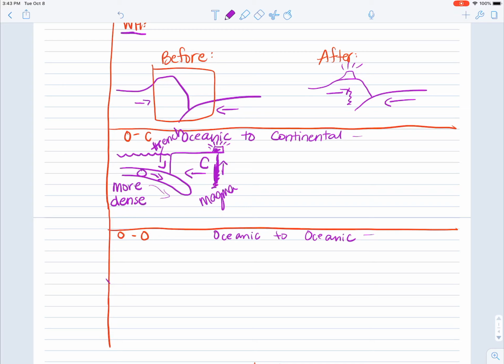And so for this one too, the motion is going to be colliding. Any and every convergent boundary collide with each other. The feature is going to be a trench. That's that large ditch. And volcanic mountains.